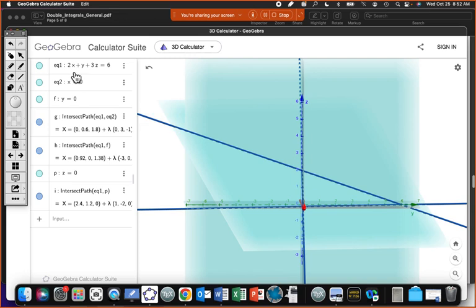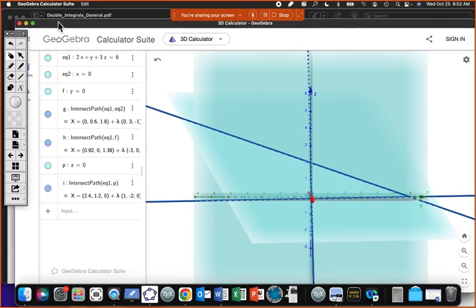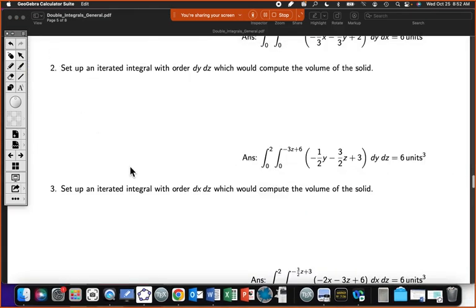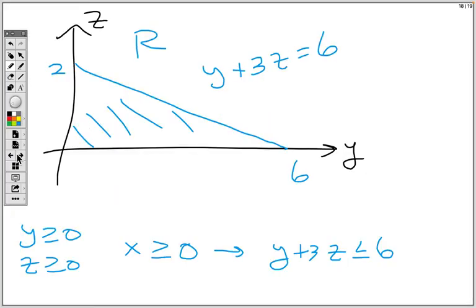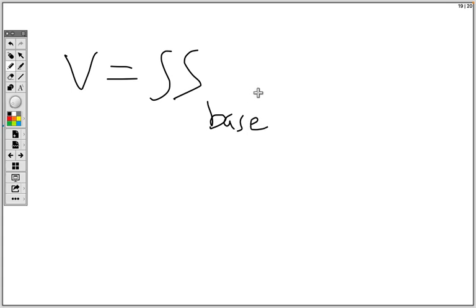You plug in all the equations, and then you just look at the intersections between them all. They're looking at the order dy dz for this. So once again, volume, double integral of the base, height dA.